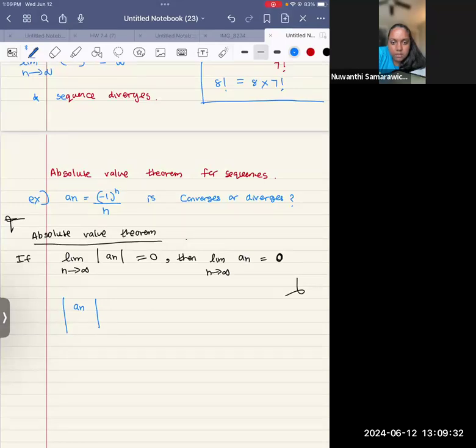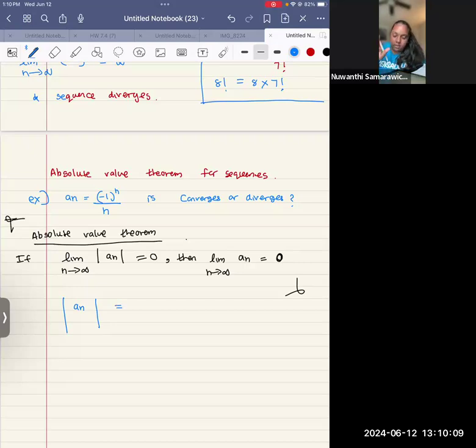I see many correct answers. Yes, we use all positive integers. So absolute value means you take all the positive values. Whenever you take the absolute value of any number, what you are saying is we are going to consider the positive value. So let's do this example, then you will understand.